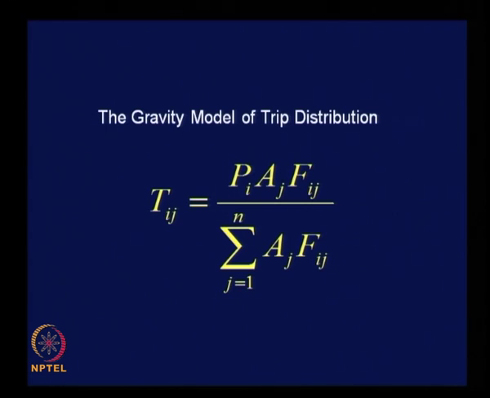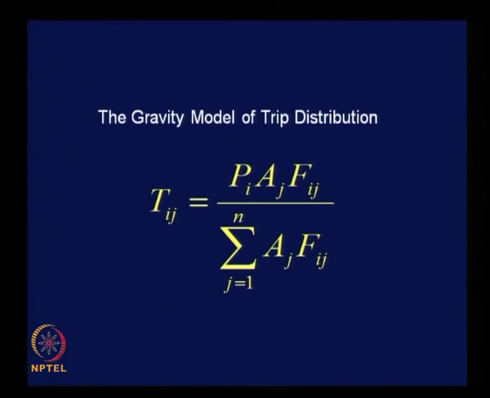Tij, trip interchange between zones i and j, the number of trips interchanged between zones i and j, is given by Pi, trip production in zone i, Aj, trips attracted to zone j, into a friction factor Fij whole divided by sum over j from 1 to n of the product of Aj and Fij.